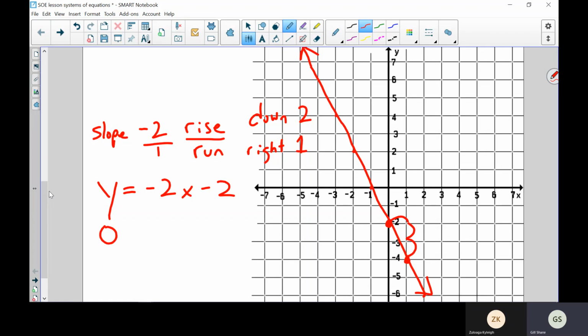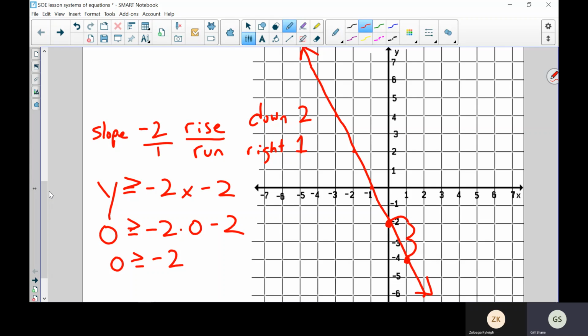But I plug in 0 for y, 0 for x, and I get, oh, I forgot my symbol. Symbol is what? Greater than or equal to or less than or equal to? Greater than or equal to? So is 0 greater than or equal to negative 2? Yes, it is, right?